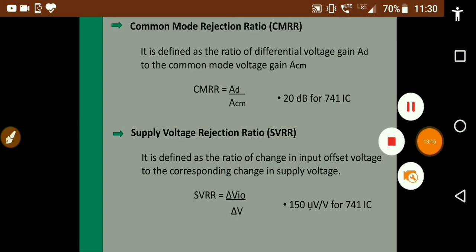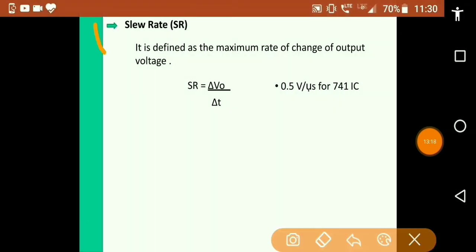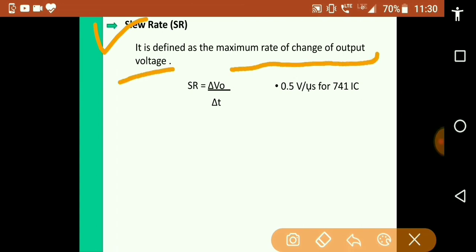The next parameter is slew rate. What is slew rate? It is defined as the maximum rate of change of output voltage. So slew rate equals delta V naught divided by delta T, where time is in microseconds, and it is 0.5 volt per microsecond for IC 741.